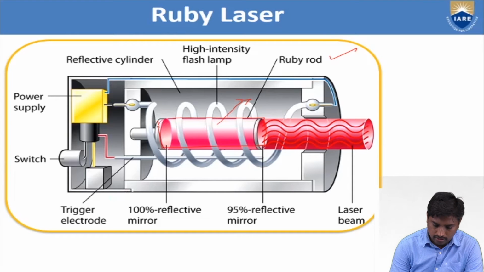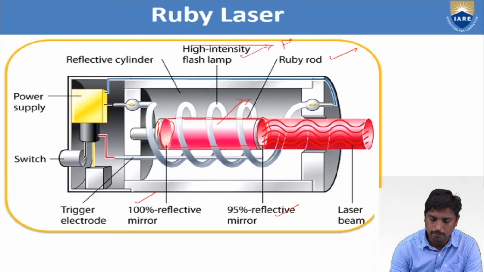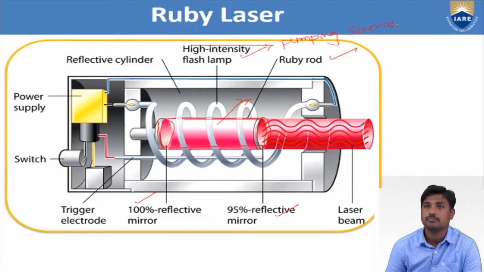The two ends of the ruby crystal are silvered to give the optical feedback. One end is a 100% reflective mirror and the second is a 95% reflective mirror, which acts as the output. This highly intense flash lamp is used as the pumping source, or source of energy.